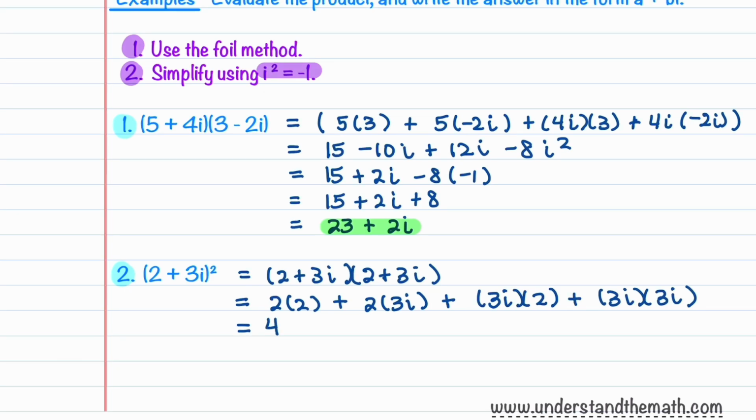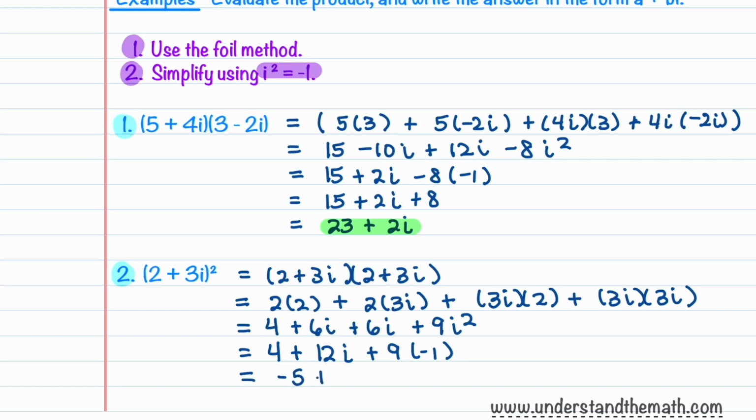This is 4 plus 6i plus another 6i plus 9i squared. This gives us 4, and then 6 plus 6 is 12, so we get a 12i. Now we're going to plug in that i squared is equal to minus 1. And then our final answer is 4 minus 9, which is minus 5, plus 12i. And that's our answer.